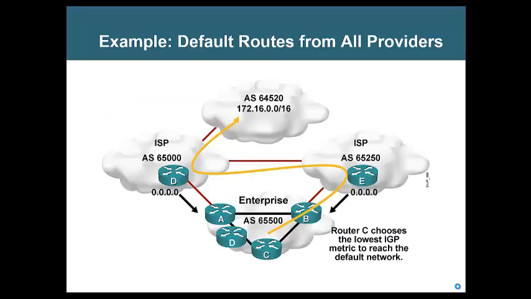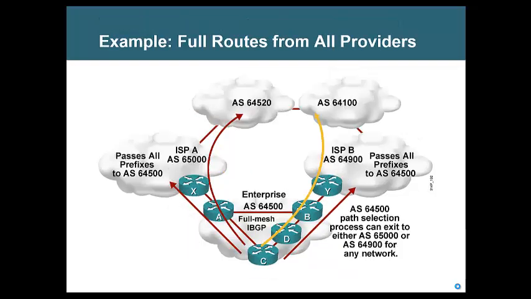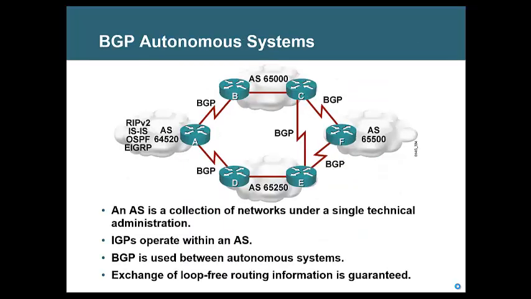So we learned different ways in which the routes are learned: full routing table, partial routing table, only a default route, and so on. We also learned what an autonomous system is. An autonomous system is a group of devices with the networks, with routes, which are managed by a single technical administration.